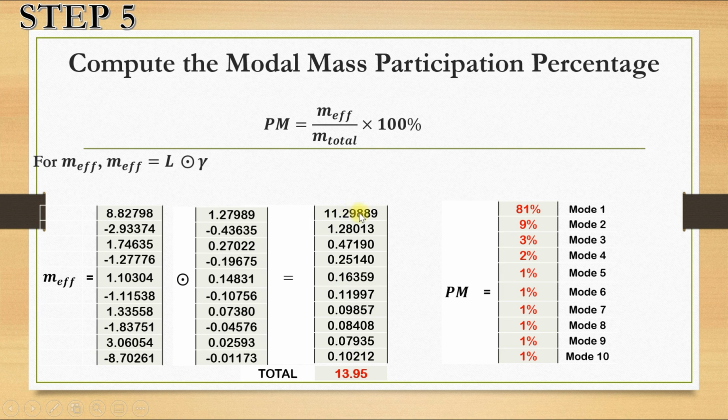So, for example, dito sa row 1, 11.29889 divided by 13.95. So, magkakaroon tayo ng 81% for mode 1. Dito naman sa row 2, sa mode 2, i-divide natin siya ng 13.95. So, ito yung makukuha niya, 9%. So, hanggang dito sa mode 10, itong sa row 10, i-divide natin ng 13.95. So, makukuha natin ang mode 10, which is 1%.